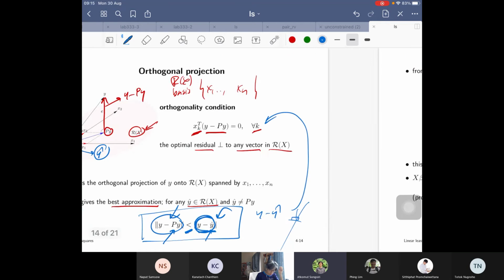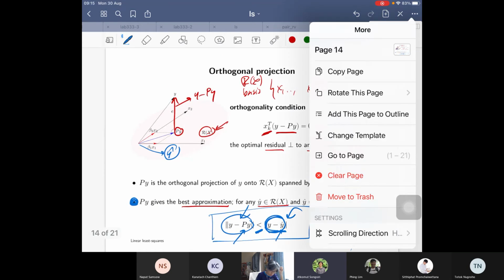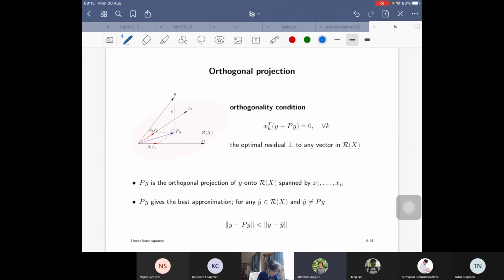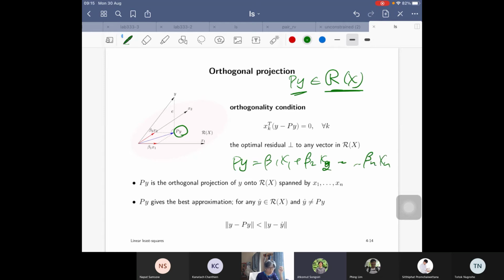But remember, the principle of orthogonal projection is that your py, the projected vector, must be a vector in the range of X. So if your py is in the range of X, it must be written as a linear combination of column vectors in Rx.